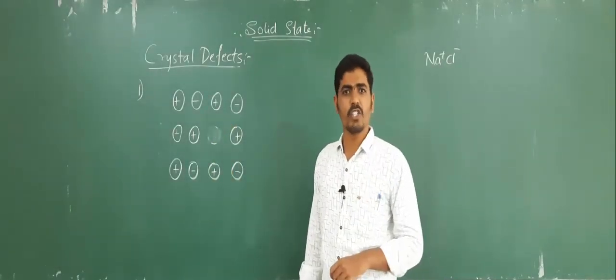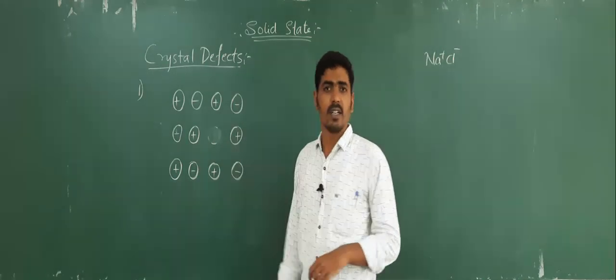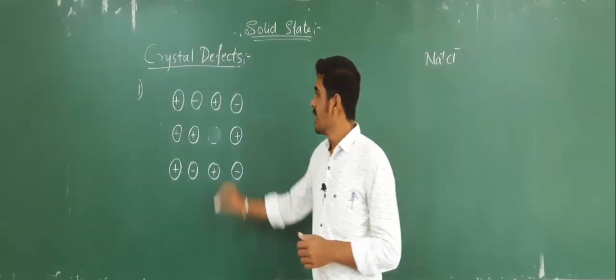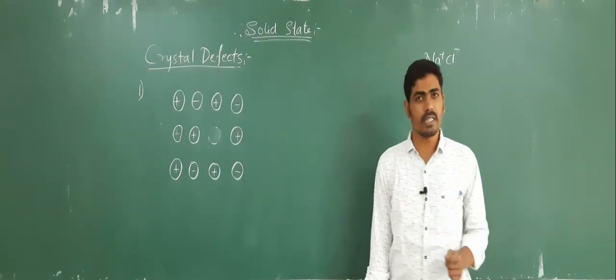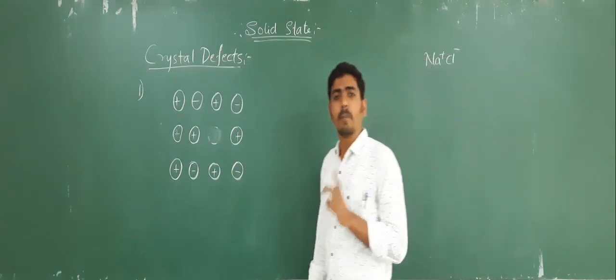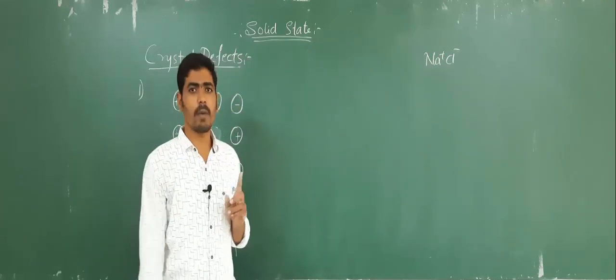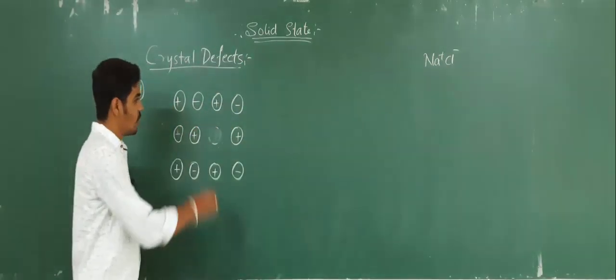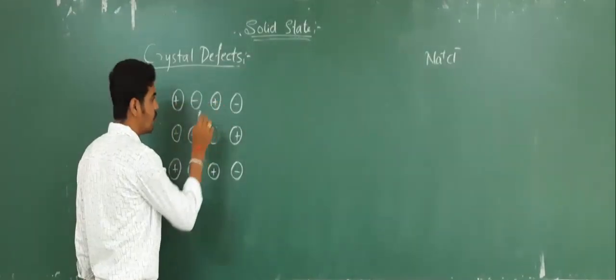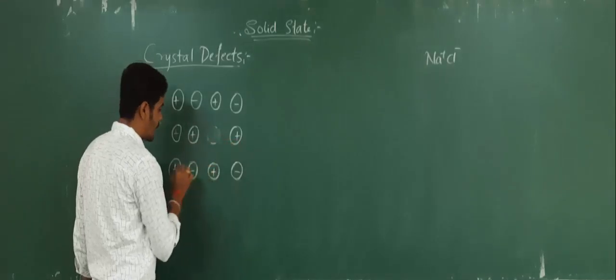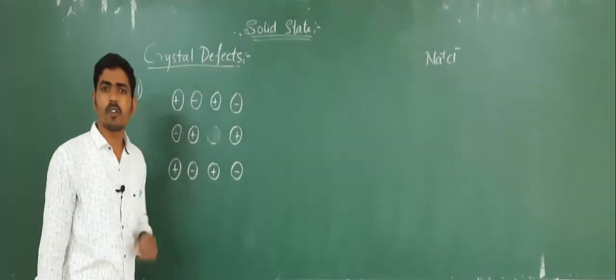But as I have mentioned, in ionic crystals there should be maintenance of electrical neutrality. That means the number of cations should be equal to the number of anions. So when the anion gets missed from this lattice site, what would be the number of cations and anions? 1, 2, 3, 4, 5, 6. 6 cations will be there.